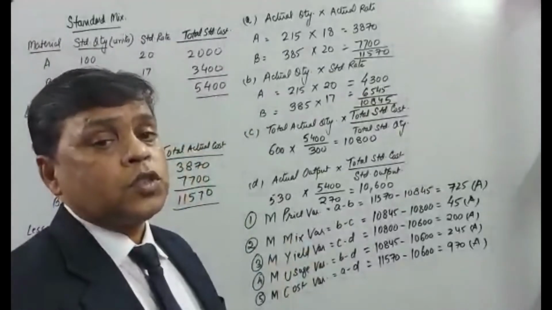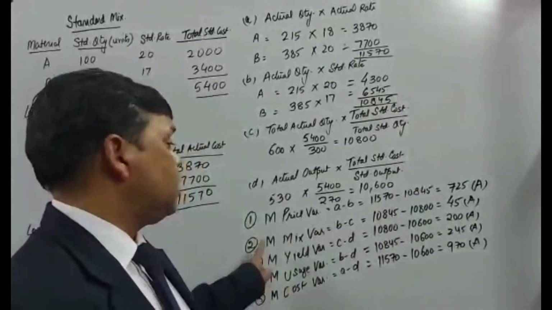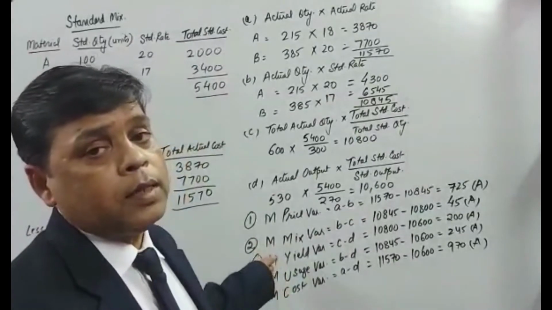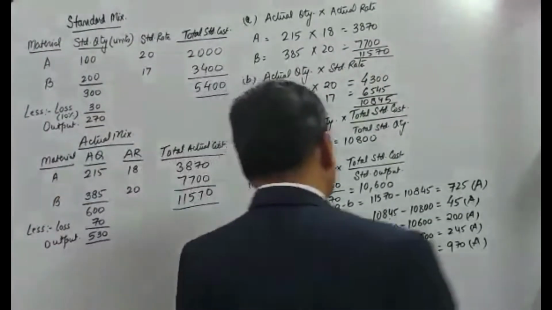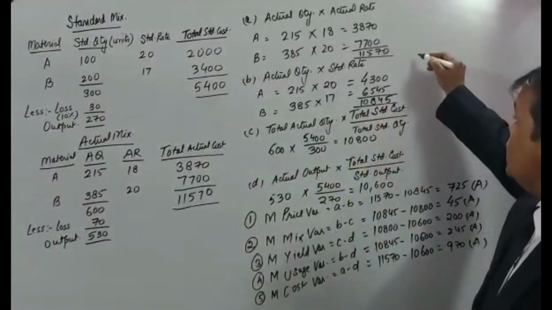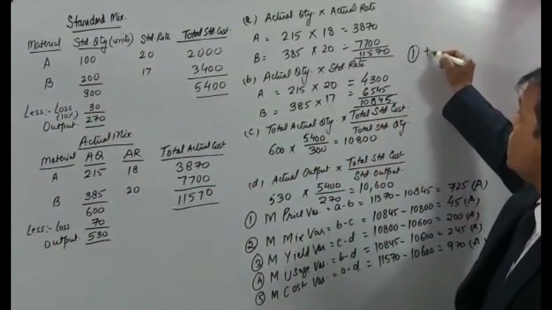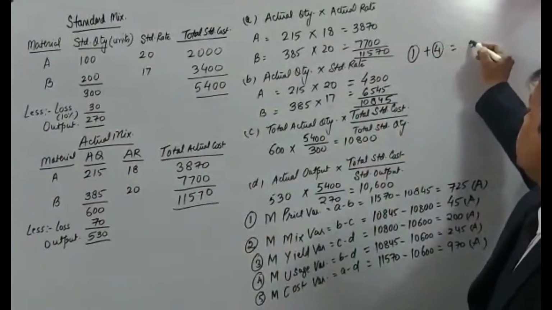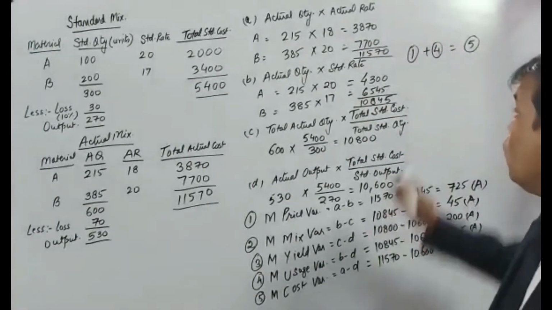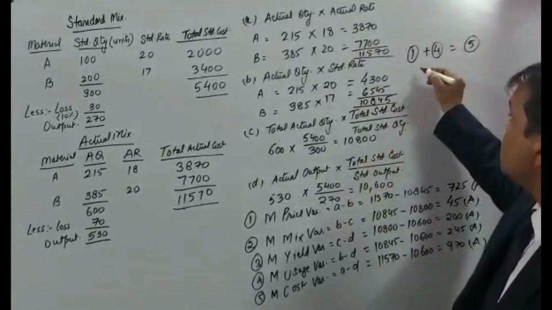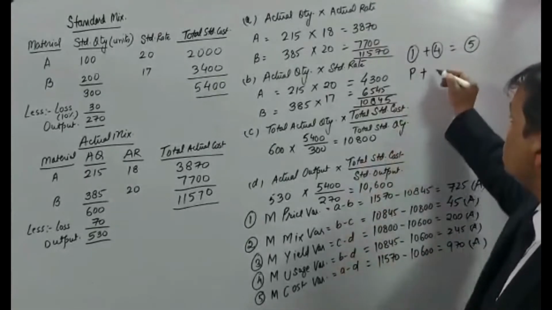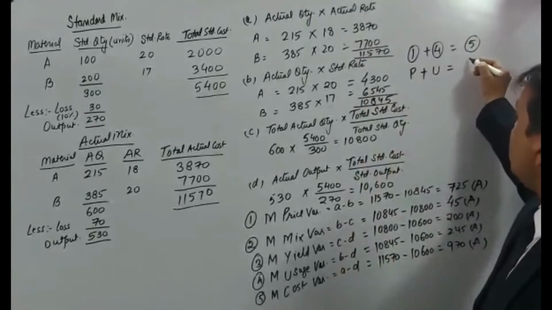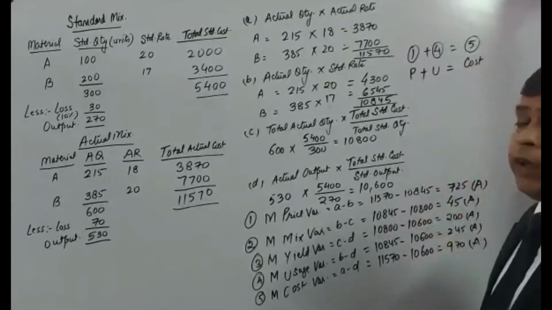In order to check whether the answer is correct or wrong, there is a verification method also. The verification method basically means 1 plus 4 should be equal to 5. 1 plus 4 here means that if you add the price variance plus the usage variance, it should be equal to the cost variance.